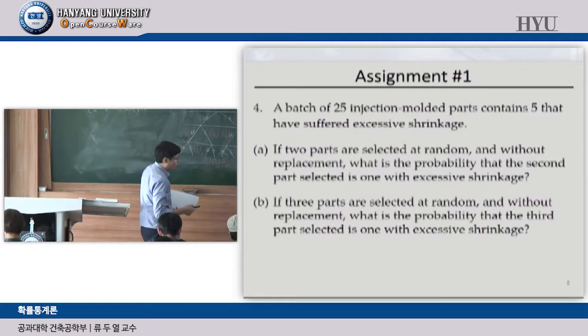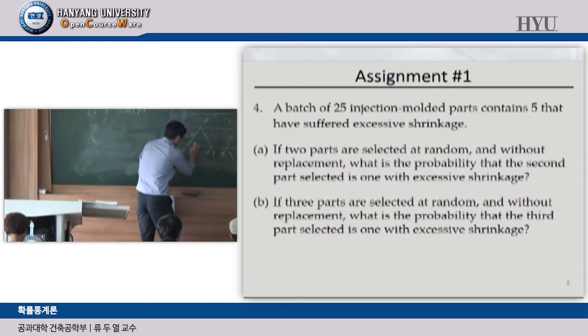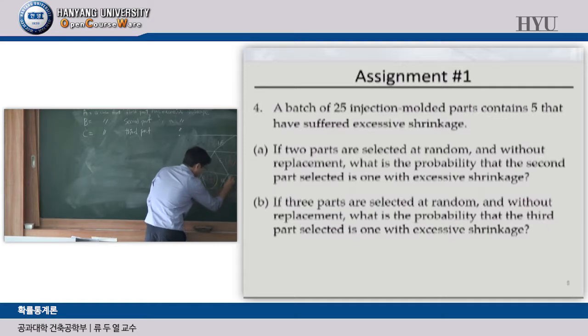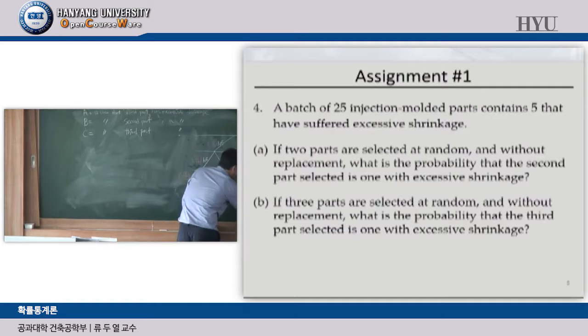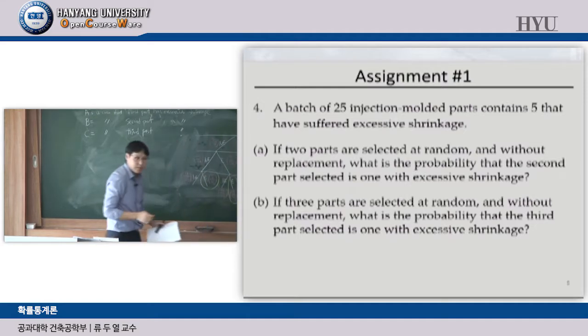And the question was, what is the probability that the third part selected is the one with excessive shrinkage? That is, we have to obtain these 4 cases, right?